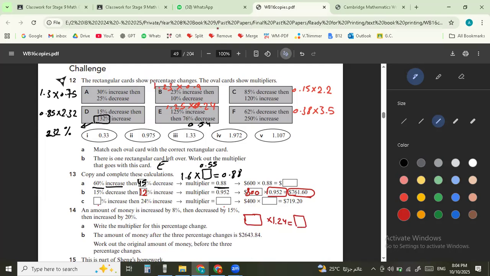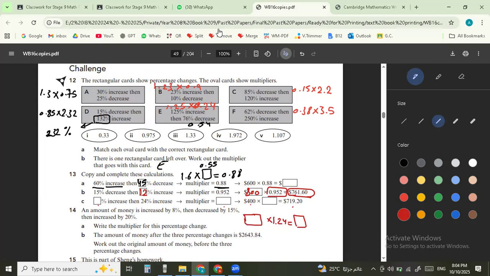Unknown times unknown? No, that's not possible. We need to find a solution to this problem. How can I find a solution? Look at the end over here. They told you 400 times something gives you this, so I can find this missing number. 719.20 divided by 400 is going to give you this missing number.